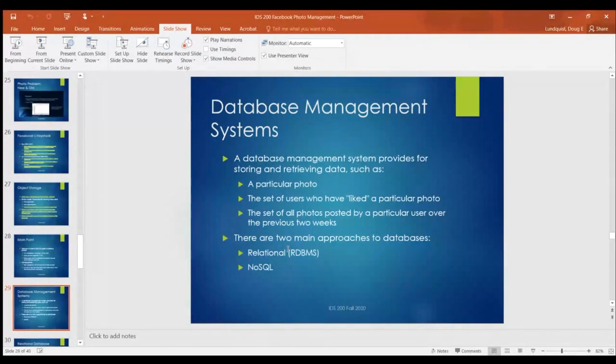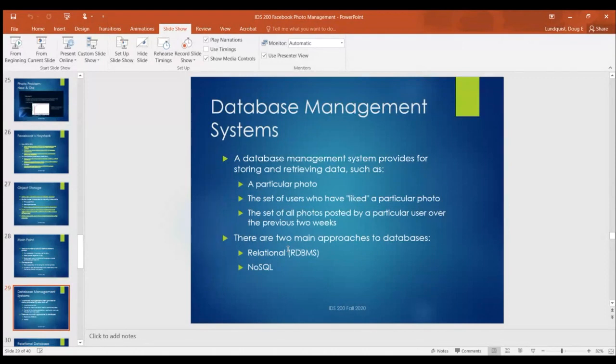And Facebook, in some sense, uses all of those. You go to Facebook, you can retrieve a particular photo. If you look at a particular photo, there is going to be the list of all the people who have liked it. And if you look at a particular user's profile, you'll see some string of recent activity, which could very easily include all of their activity for the prior 2 weeks.